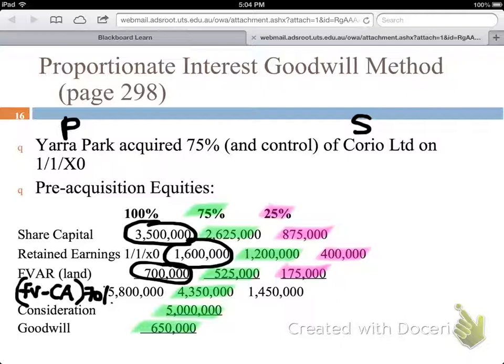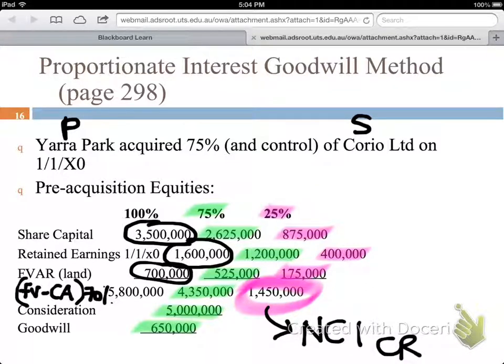If you add these three numbers, you get the NCI. All we've done using the proportionate method is calculate the value of the NCI. Note that the NCI is an equity account, so if you want to recognize it, you will use a credit.